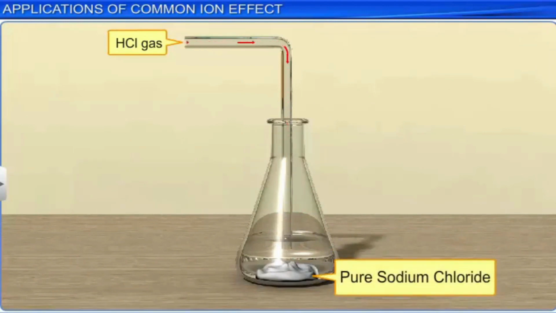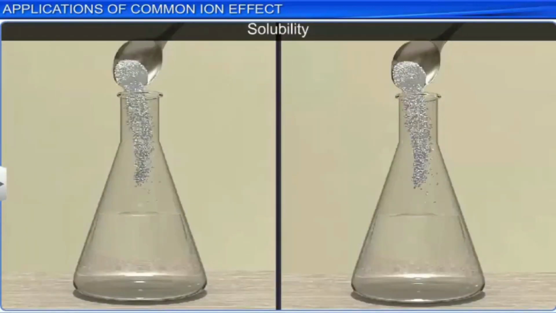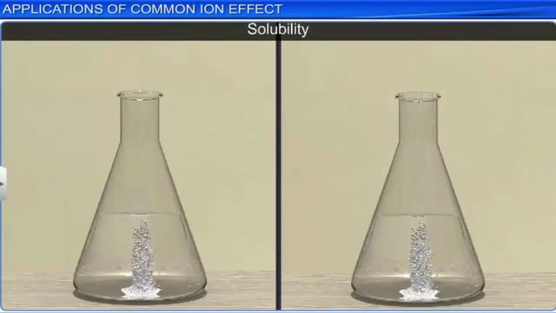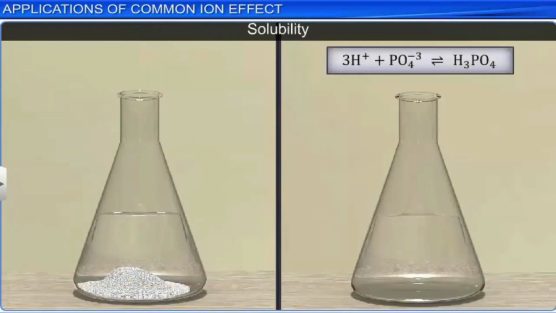The solubility of salts of weak acids, like phosphates, increases with an increase in the concentration of H+ ions or a decrease in the pH. This happens because the anionic part of the salt reacts with H+ ions to form the weak acid, such that the equilibrium shifts towards the right side. This means that the solubility of the salt increases so as to make Ksp equal to Qsp.